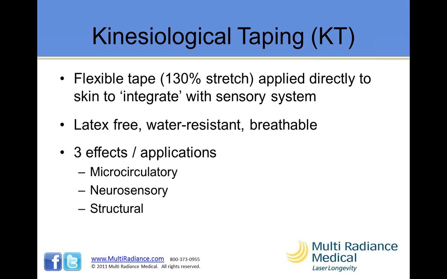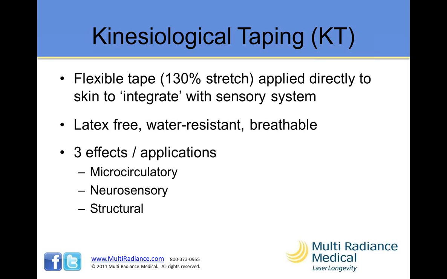In general, we can use this type of tape for 3 types of applications. Microcirculatory, meaning that we can affect the circulation just under the skin. In theory, we can create more fluid movement underneath the skin, lymphatic flow. We can also provide neurosensory input, which is what I described, by placing the tape right over the skin and creating that sense of something on the skin, stimulating touch receptors.